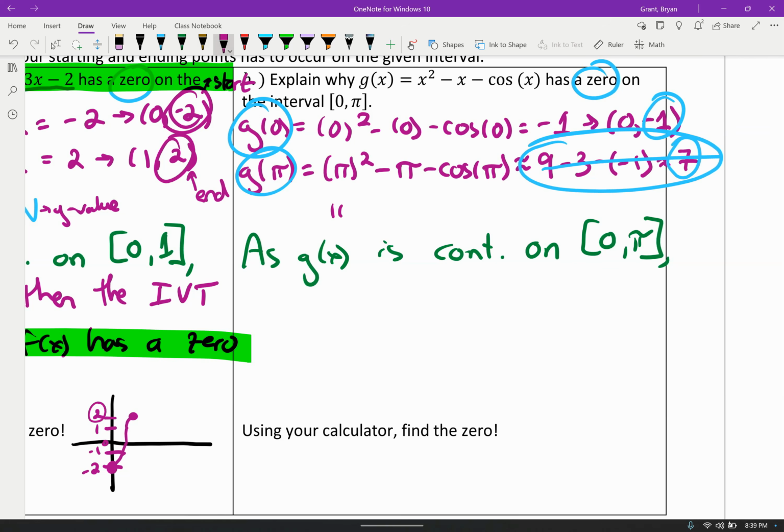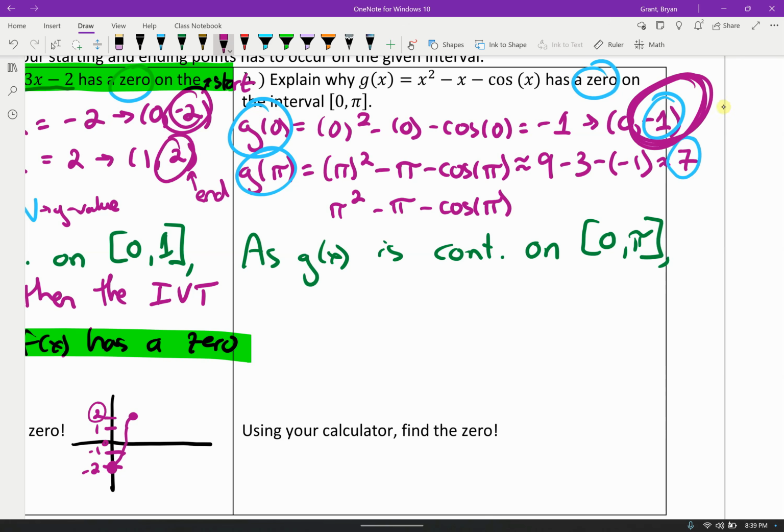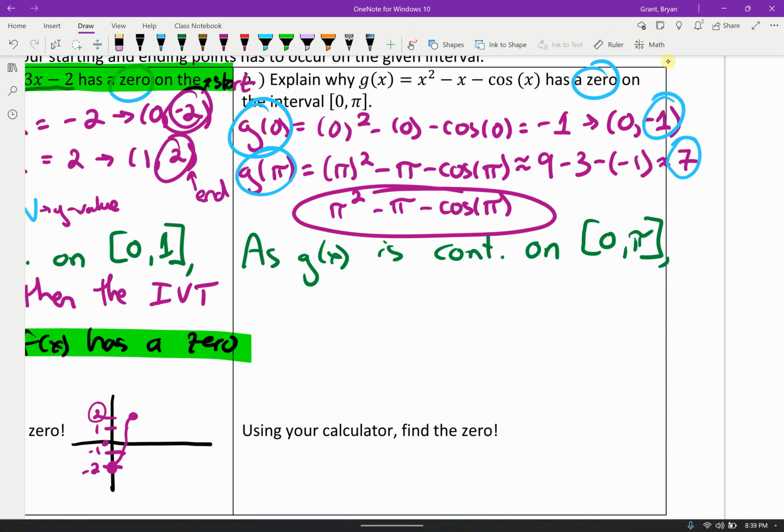Instead, I would just say that pi squared minus pi minus cosine of pi, it doesn't have to be 7, right? This answer, if the first y value is -1, what type of value does this have to be in order for there to be a 0 on this interval? Well, this value just needs to be any positive number.